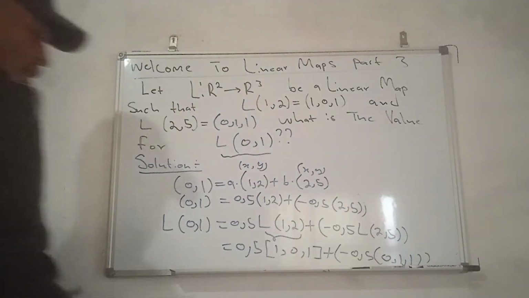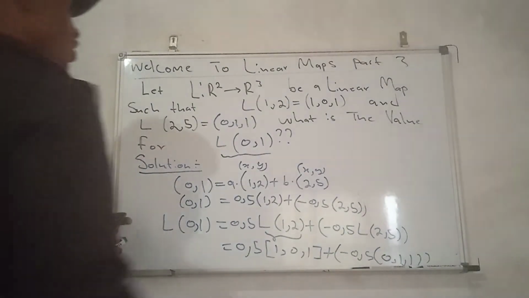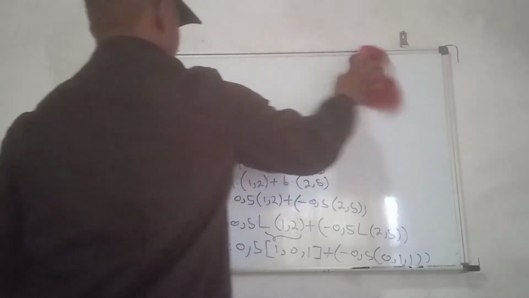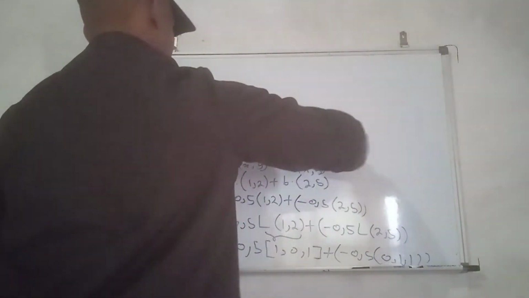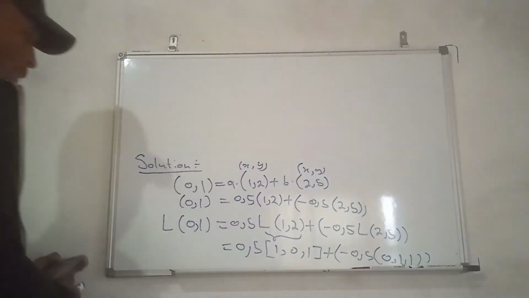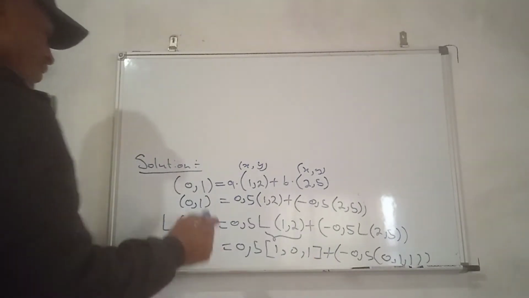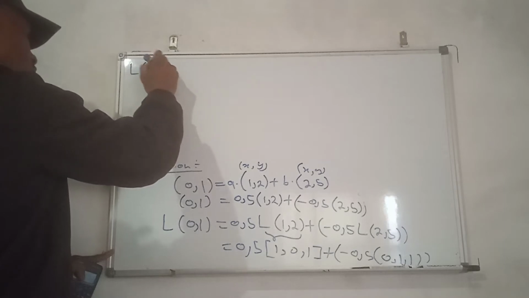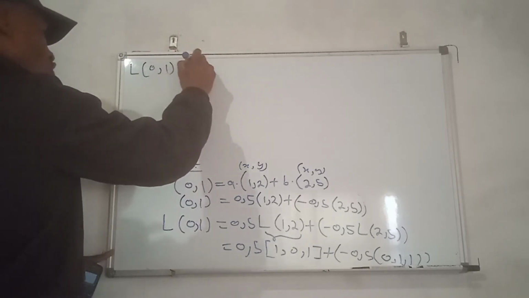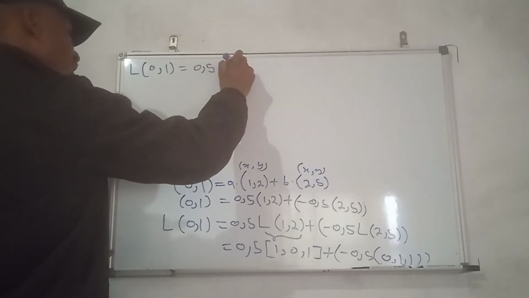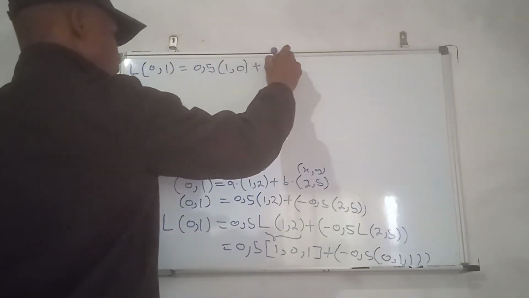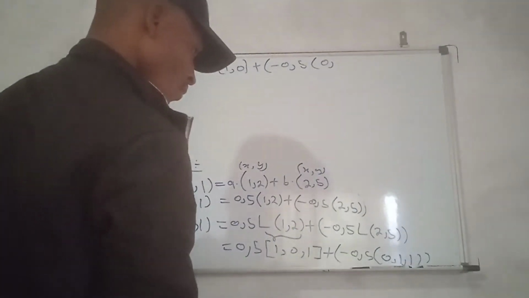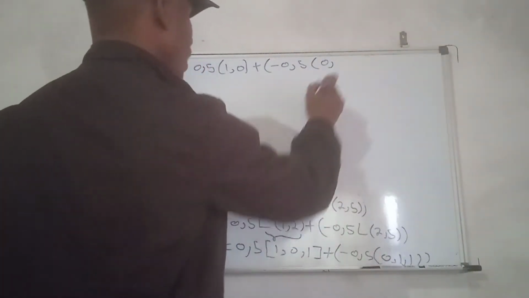That is our L. So let me erase here. Since we are having this, I can just bring it here: L(0, 1) equals 0.5 times (1, 0, 1) plus minus 0.5 times (0, 1, 1).